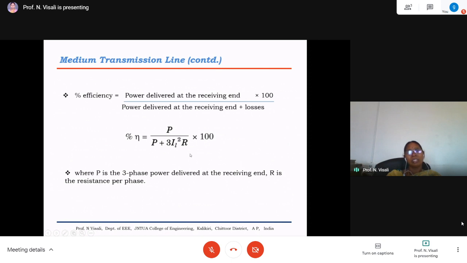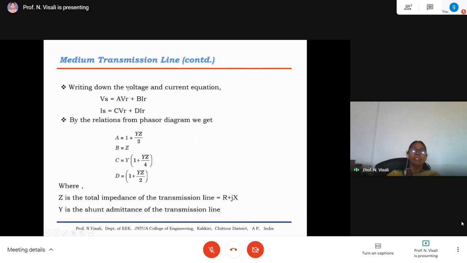Then efficiency is similarly P by P plus 3 times IL squared R, where IL is nothing but IR plus IC1, or IS minus IC2. Anyone you can take. The equivalent ABCD parameters, VS and IS, where A, B, C, D we can get similar to the pi model and the T model.